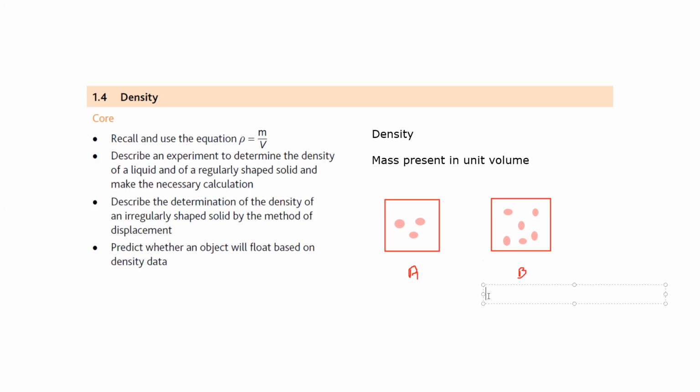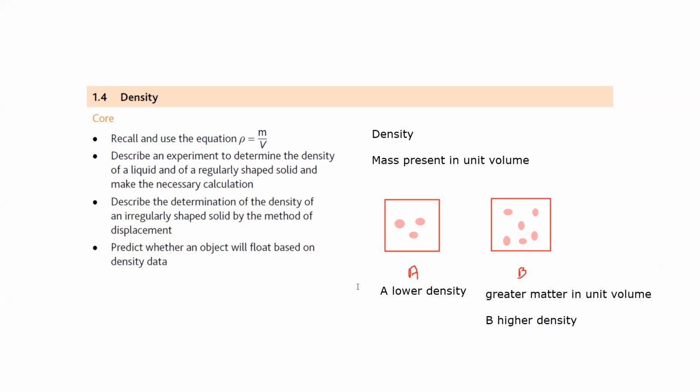So what we can simply say, we can say that B is having higher density and we can say A is having lower density.